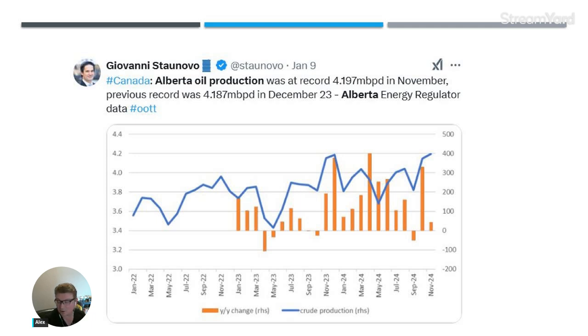And the type of oil you guys are going to be learning about today is about half of that, which is in situ thermal production. In November, we had a record of 4.197 million barrels in November. So that's Alberta oil production. The previous record was 4.187, and that's based on the Alberta Energy Regulator.